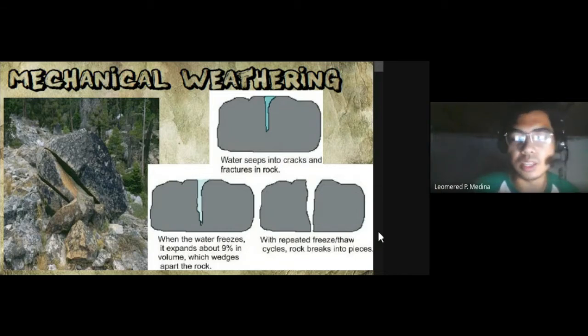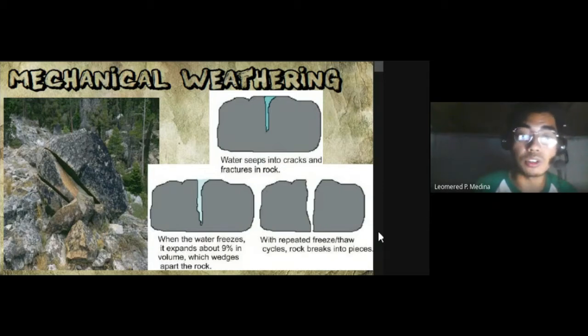Mechanical weathering could be caused by freezing if it is present in a place where the temperature is very low. It can create a certain type of freezing process in which the water will seep into the different cracks of these rocks.